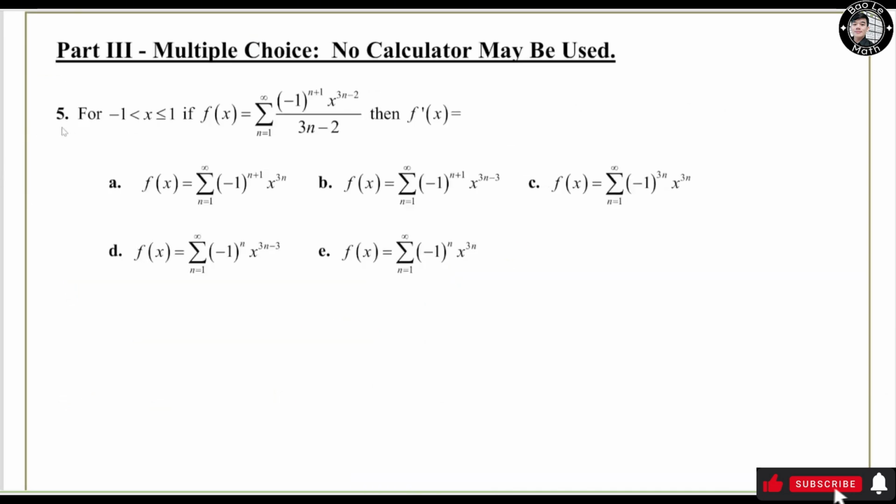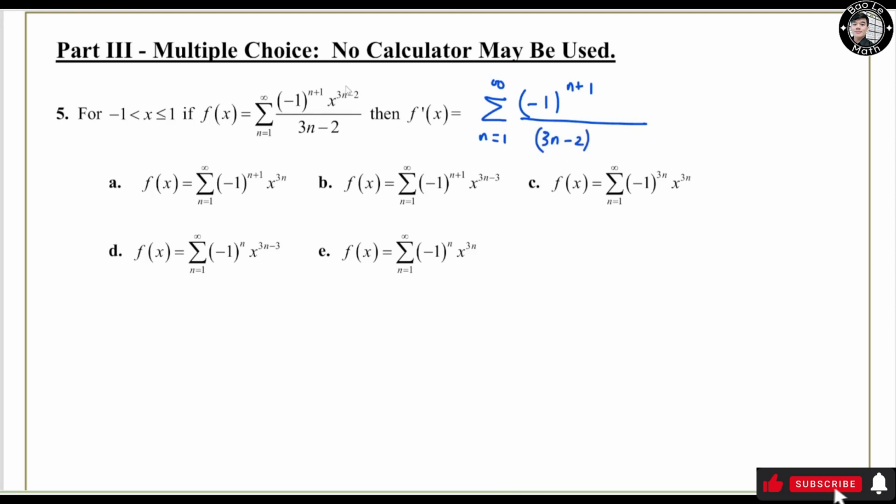Now let's move on to question 5. For s between negative 1 and 1, if f of s equals this one, then we need to find the derivative of this one. So basically, we just use the power rule. So we have summation notation going from 1 to infinity. Negative 1 raised to the n plus 1, rewrite. Now over 3n minus 2, you just rewrite.